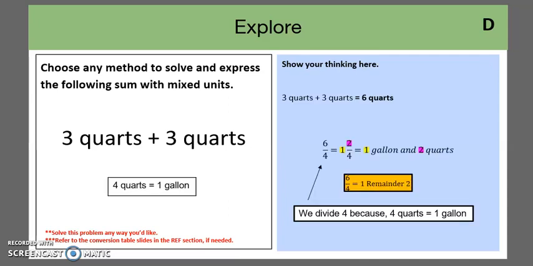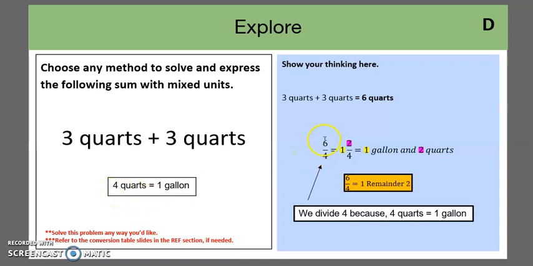Some helpful reminders: when we add 3 quarts plus 3 quarts, it equals 6 quarts. We also know that 4 quarts equal a gallon. So here is where we do a little bit of math. Since we have 6 quarts, we put that as our numerator, and our denominator is 4, because 4 stands for 4 quarts.